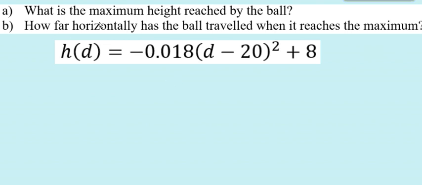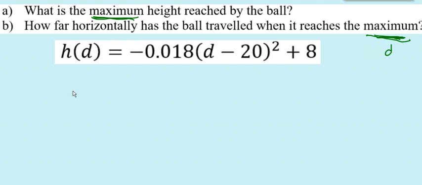So I've grouped A and B together because they're both questions about maximum. A says, what is the maximum height reached by the ball? And B says, how far horizontally has the ball traveled when it reaches the maximum? So they're both asking me about the maximum. One is about the maximum height, and one is about the horizontal travel, which is D for the maximum.